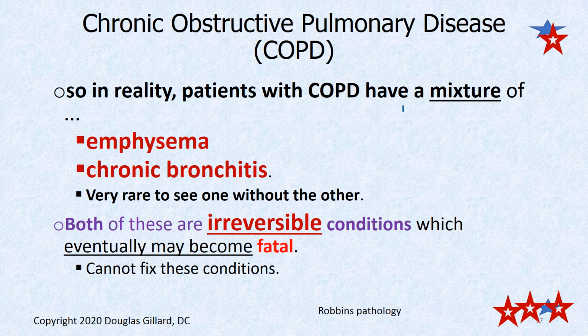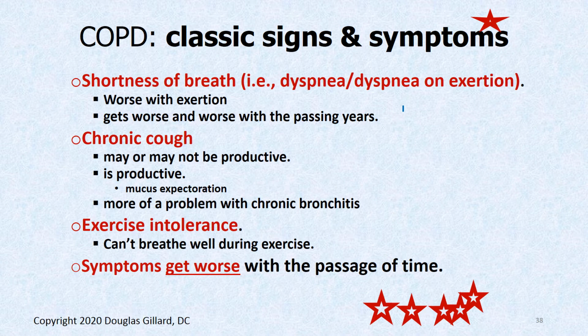In reality, most patients with COPD have a mixture of emphysema and chronic bronchitis. It's very rare to see one without the other. This is an irreversible condition, and it often becomes fatal at the very end. You can prolong it with treatments, but you can't fix it.